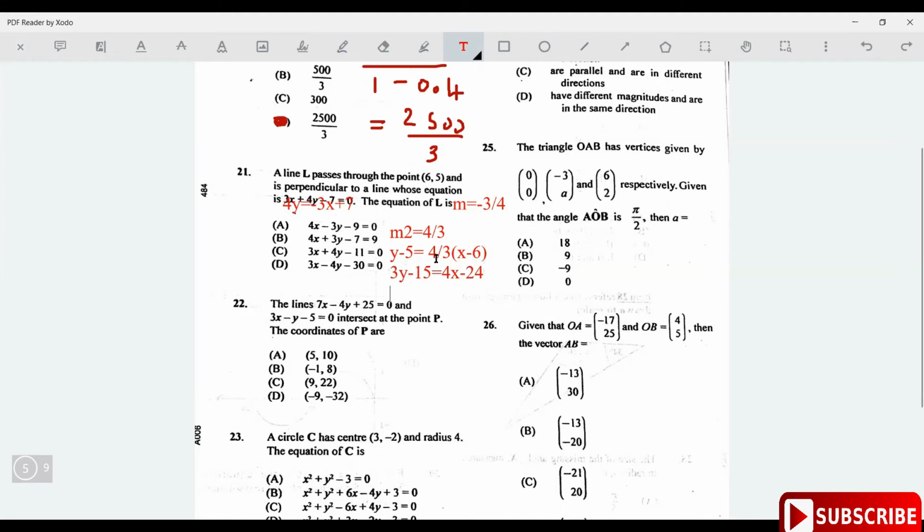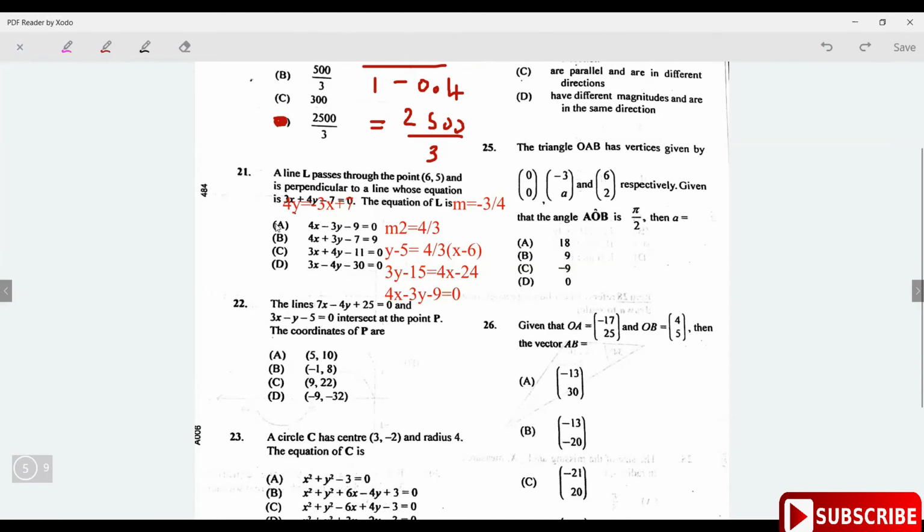We bring everything to one side to get 4x minus 3y, and then add 15 to both sides, we get minus 9 equals 0. Easy question. Option A.